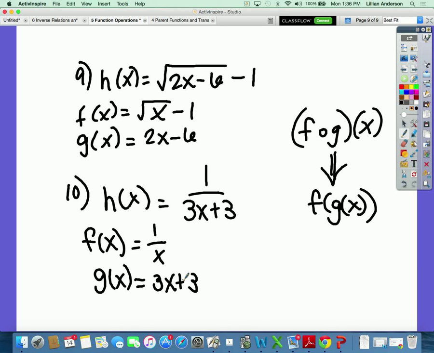Take number 10, for example. Wouldn't this and this work? If I made g my 3x and then the other one 1 over x plus 3? Yeah. Okay, so don't think that it's a one-set way that you can do the composite, okay? There could be other ways.